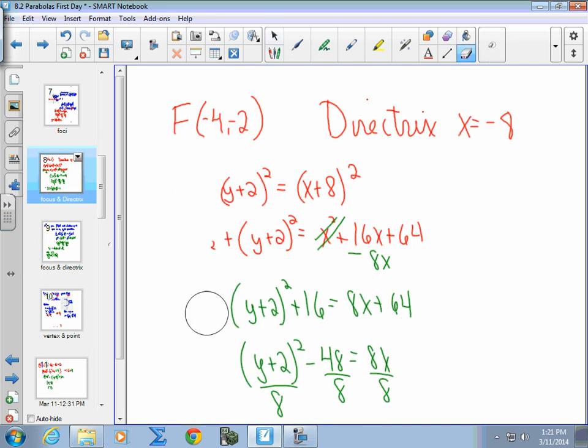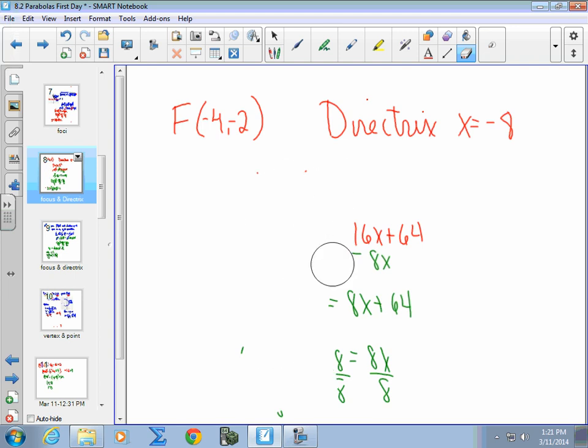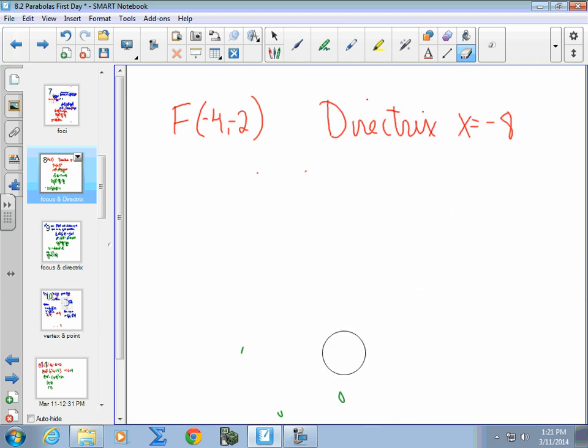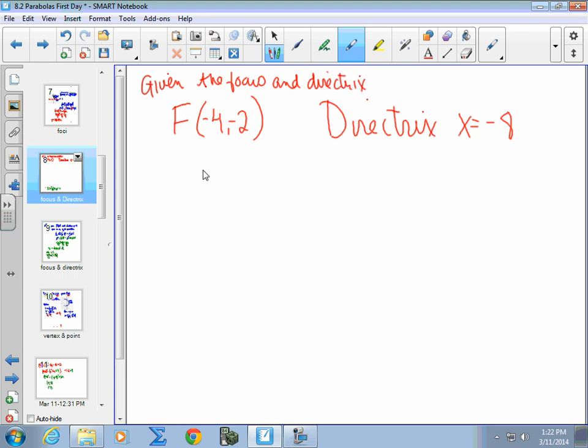I don't know which homework exercises are like this, but some of the homework exercises give you a focus and a directrix and ask you to write equations.